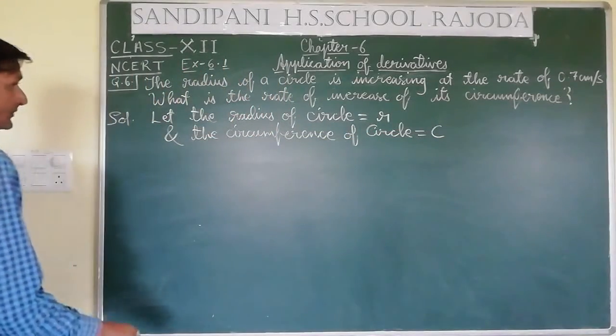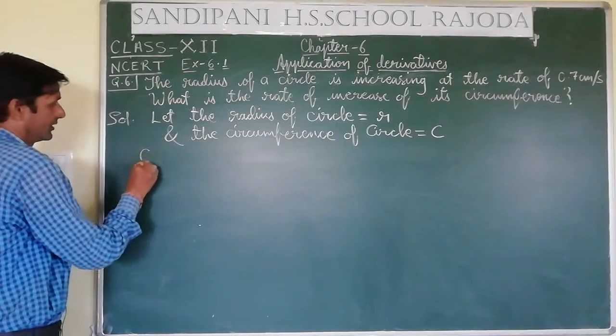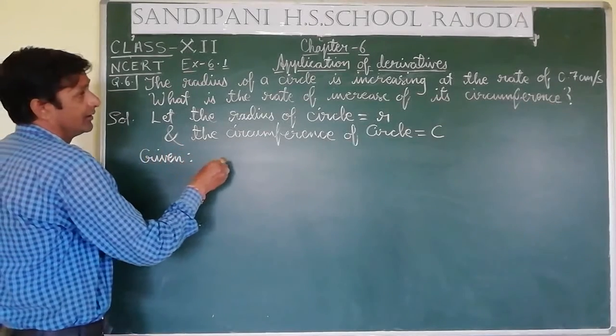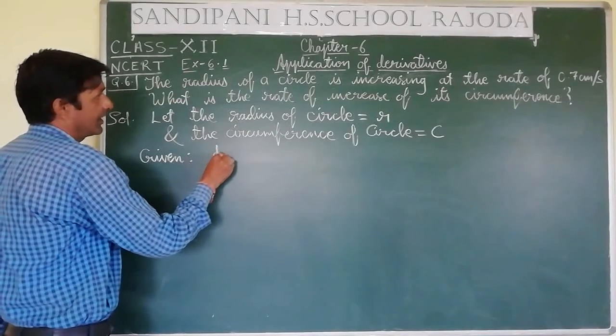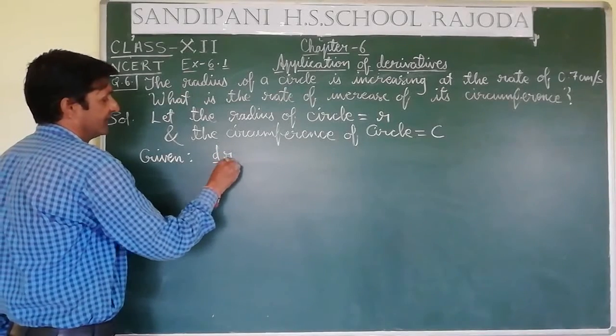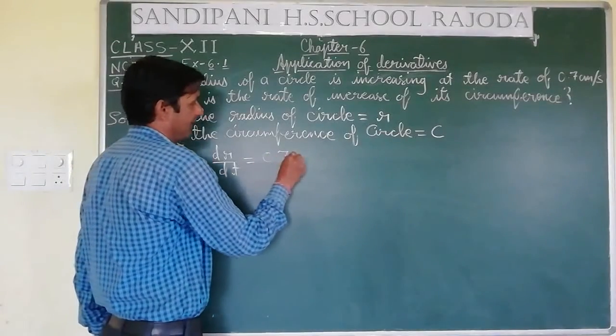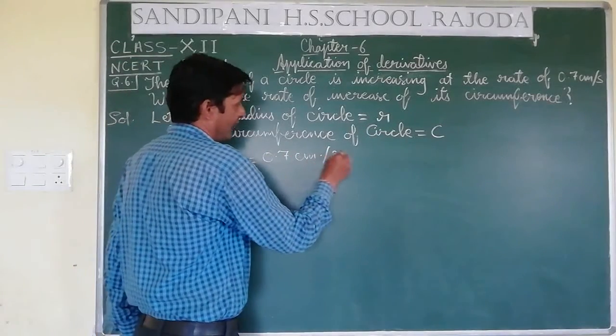So what is given in our question? dr by dt is given. dr by dt is equal to 0.7 centimeter per second. It is given in our question.